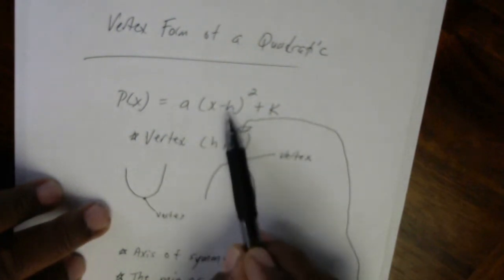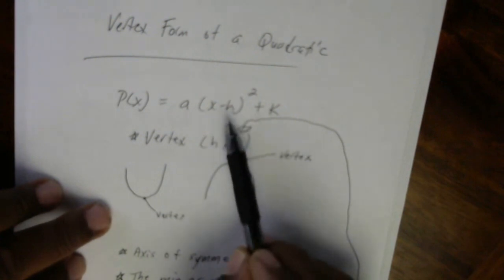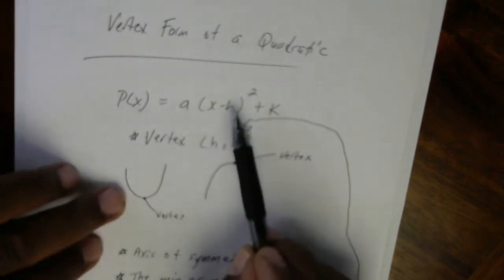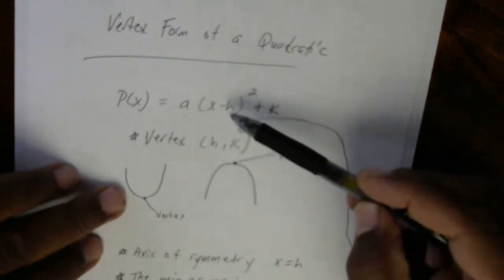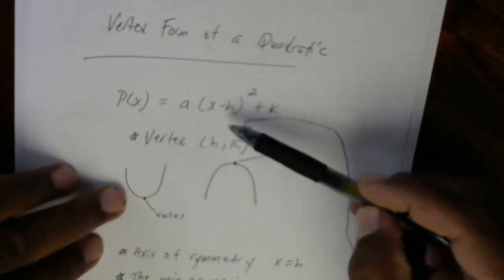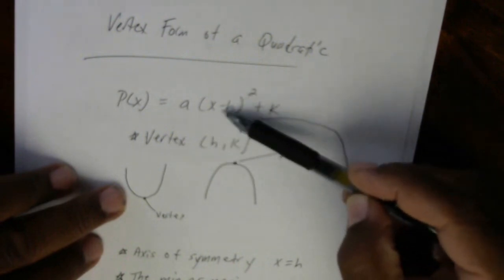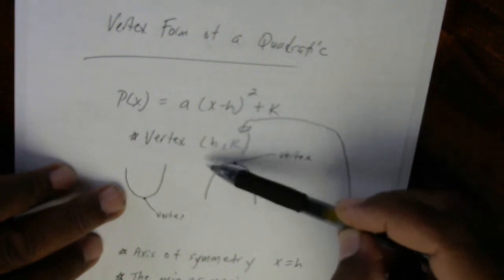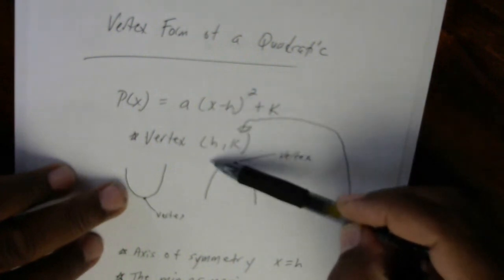So notice that our vertex is h comma k. So here's what you have to keep in mind when you're pulling the vertex out of your vertex form. This first coordinate, its sign will change. Notice that in my form, it's a negative h, but when I write it out as my vertex, that negative h becomes a positive h.